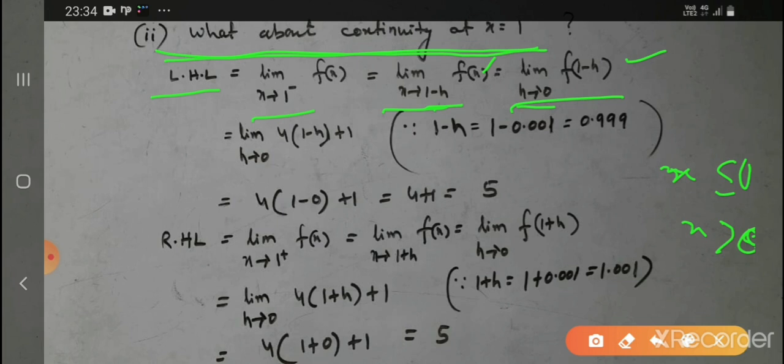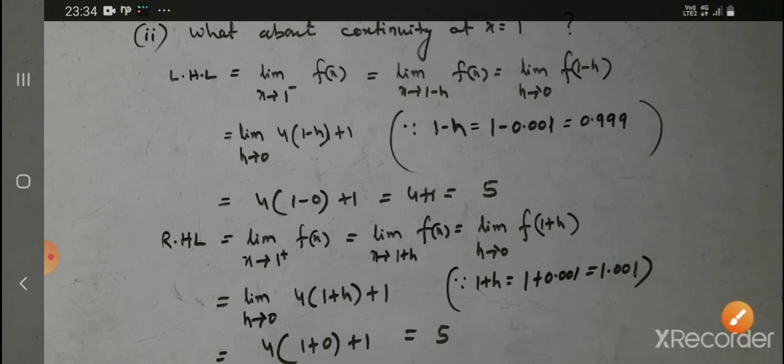So you assume h equal to say 0.001. Then 1 minus 0.001 equal to 0.999. So this is taken as 1 minus h. So f of 1 minus h is f of 0.99 approximately. That comes under the condition x greater than 0.